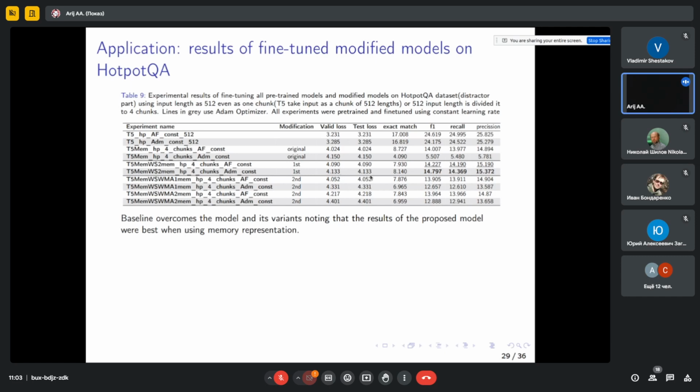As we can see, the same tendency held for using the memory as a compressed representation for the chunks, which emphasizes the role of memory slots in data compression.